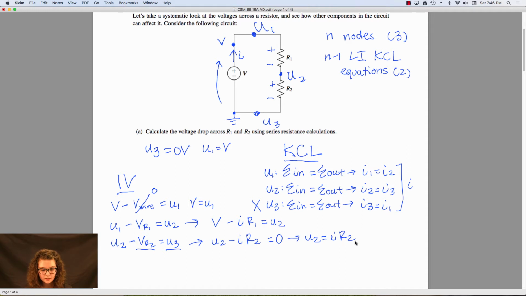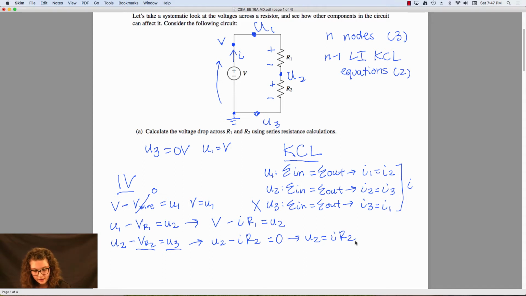So at this point in solving, you have two choices of what you can do to solve this circuit. A method we use most often in 16A is that you put all the unknowns on one side of the equation and just constants on the other side. You put them into a matrix and you solve. I'm going to show another way, which is substitution, which is another valid way to solve a linear system of equations.